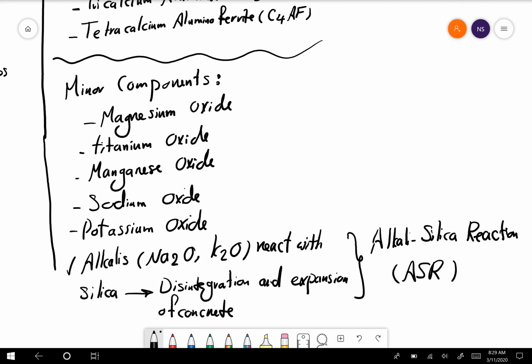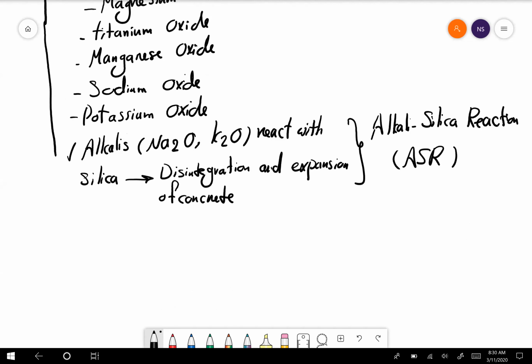This is very important when you study the properties of concrete, because it affects the durability and the performance of the hardened concrete after you cast it and build the structure. So we're going to talk about this also later on. Okay.